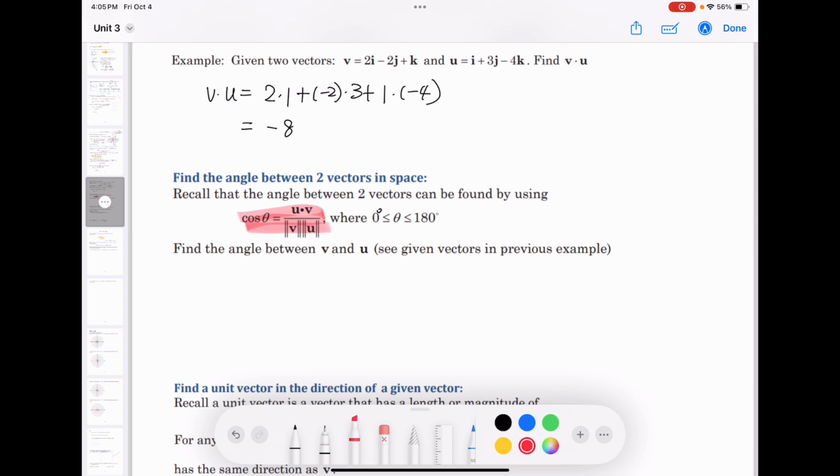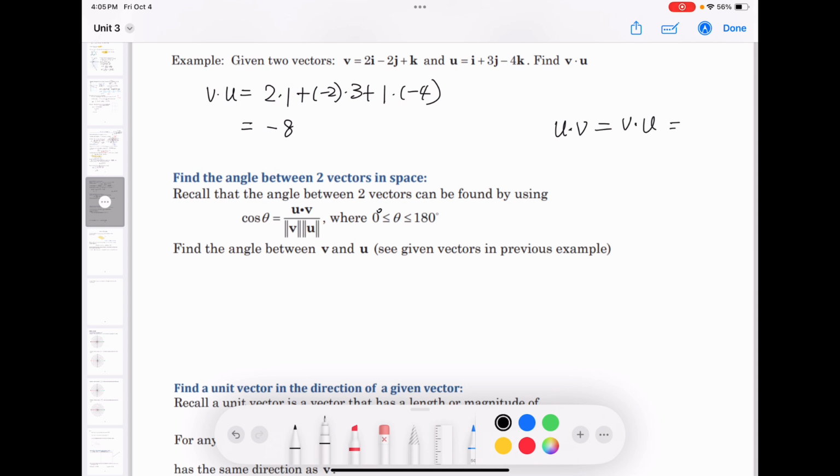Now for vectors in three dimensions, we have the same thing. First, we need to find the dot product and also the magnitudes. And I will remind you, u dot v is the same as v dot u. If you switch the position, you have the same number.